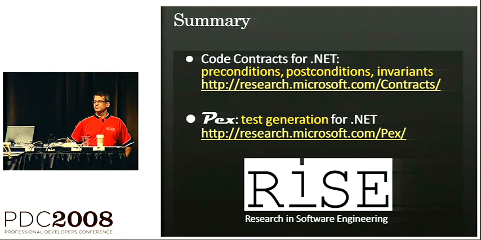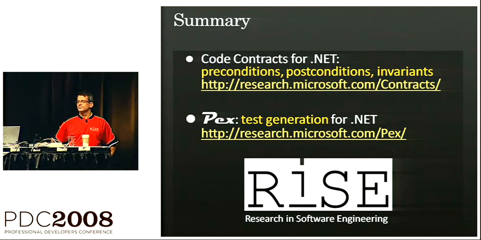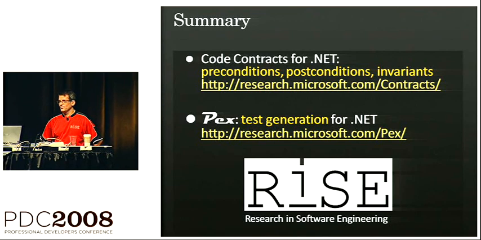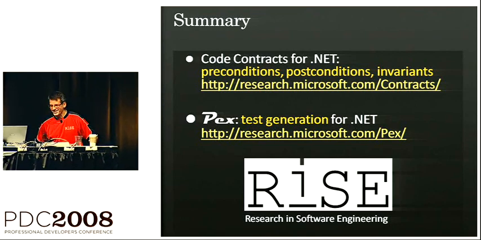I wanted to ask if the contract can be used to verify immutability on classes. And about PEX, I just wondered if you have used PEX to find bugs in PEX. Okay, so I think being able to say that an object is immutable is very important, and we've done some initial work on that.